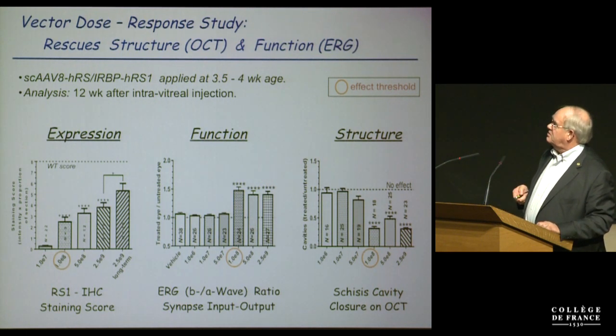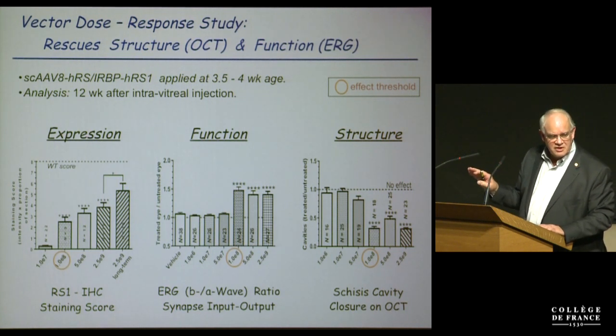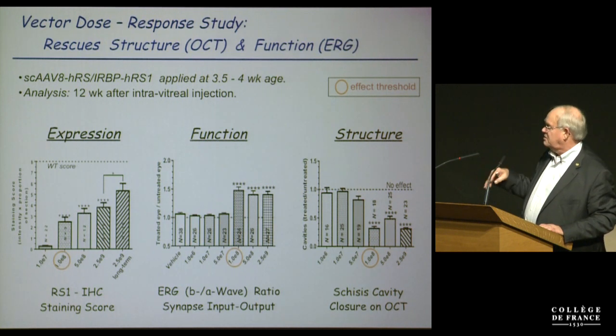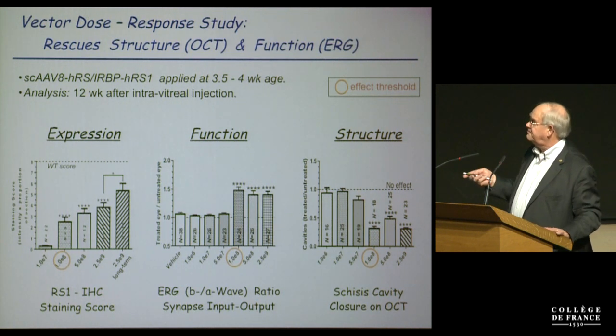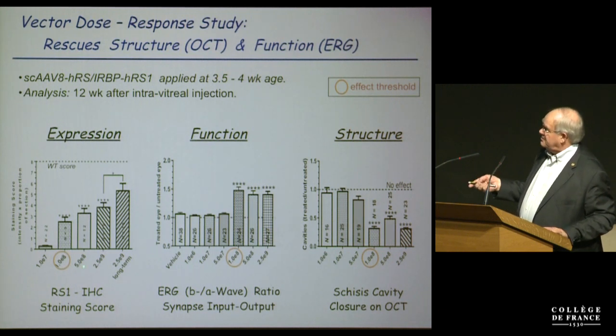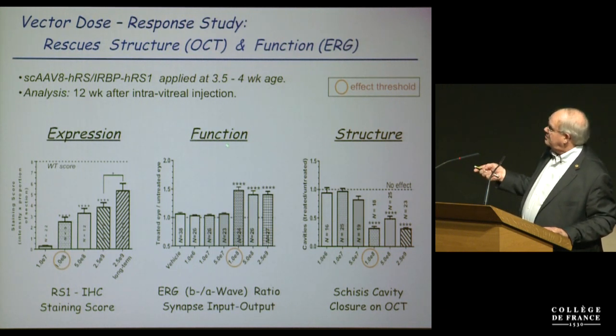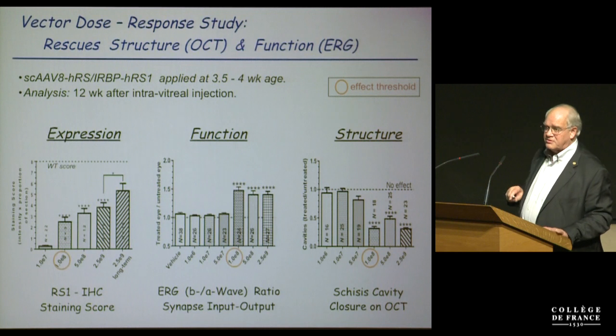I'm showing you here dosing data. This is a subset of the data that we took to the FDA for regulatory approvals to proceed with human trial. The levels of expression by dose, function by dose, and cavity by dose. The expression, 1E7, 1E8, 2E9, you can see that at low levels of dosing there is no expression, and it then increases dramatically over the course of 1 log unit.